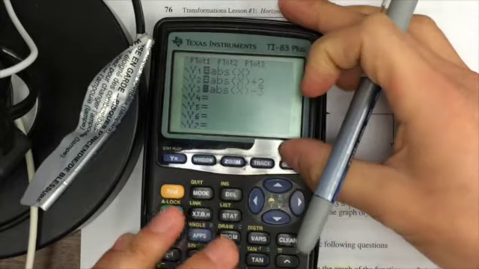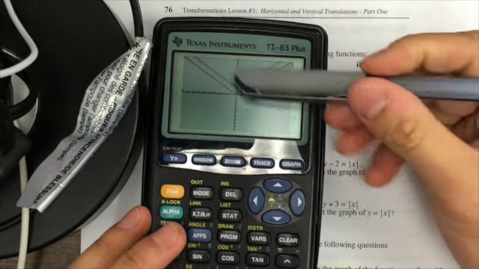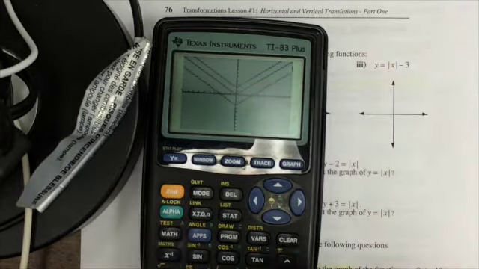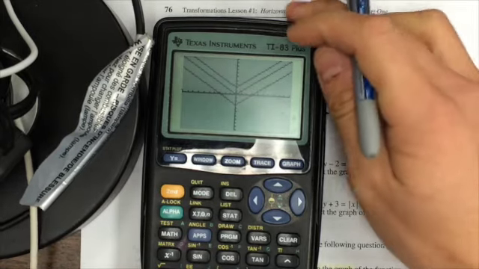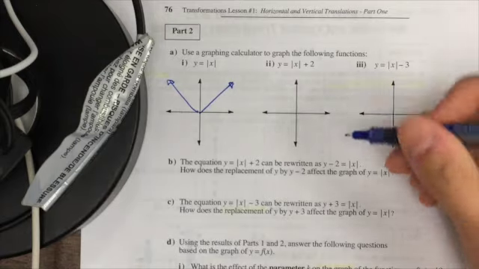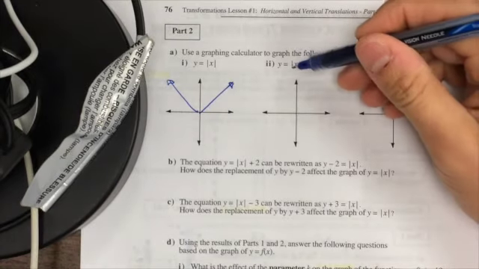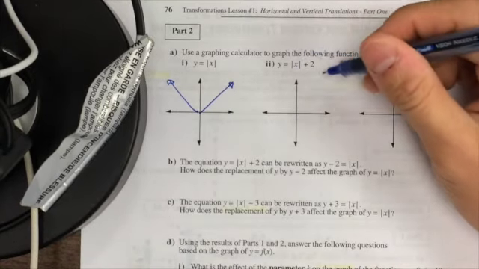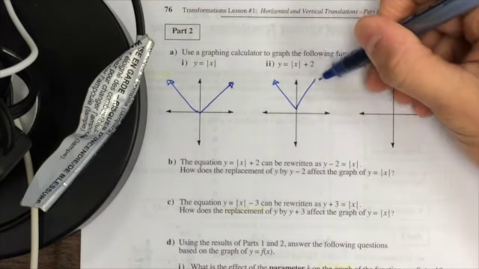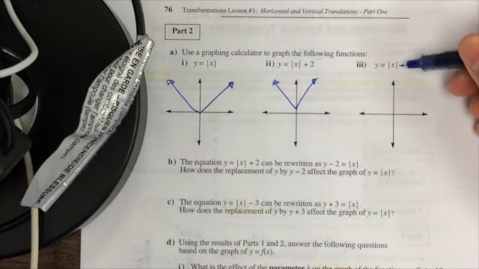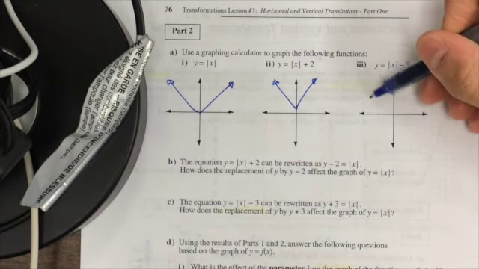Okay, so the first one that's going to show up is again that one. What happened was it moved up 2 units, and this one moved down 3 units. So y is equal to absolute value of x plus 2 is going to look something like that. And absolute value of x minus 3 is going to look something like this.